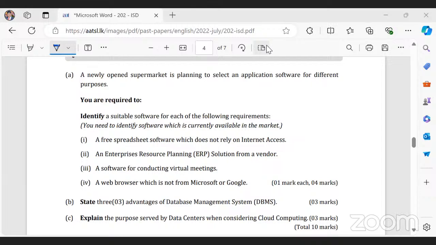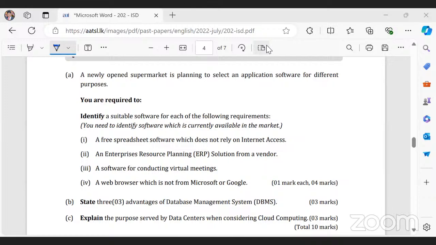A free spreadsheet software which does not rely on the internet. There are many spreadsheets, but those require internet access. As an example, Microsoft products are not free. If you are using O365, an internet connection is required. If you are using Google Sheets, it is required.